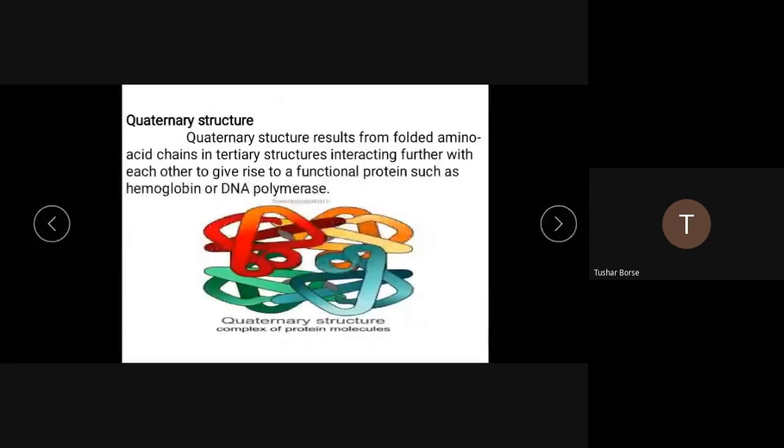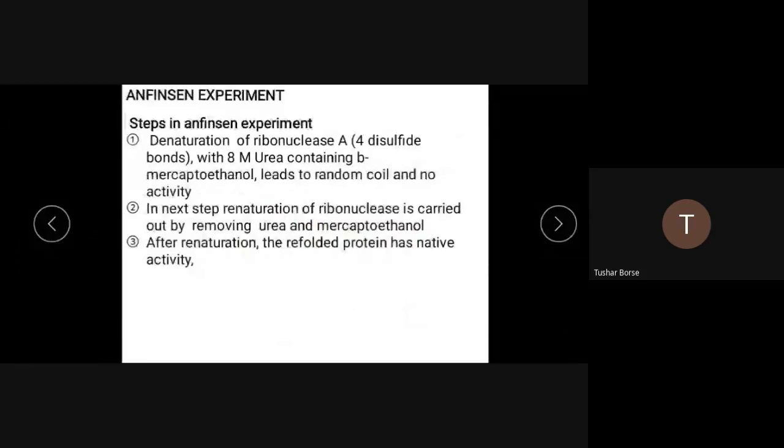Some experiments have been done on protein folding. First is Anfinsen's experiment in 1950. Christian Anfinsen conducted a series of experiments in which he determined all the information needed to fold a protein into 3D form. In this experiment, he followed the following steps.